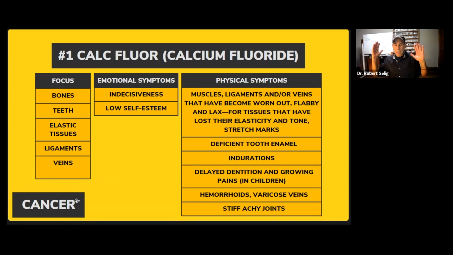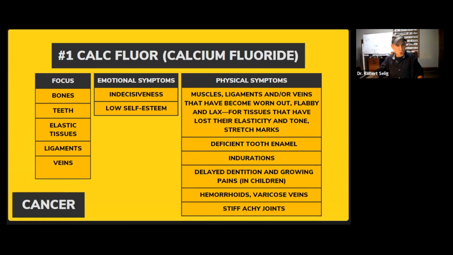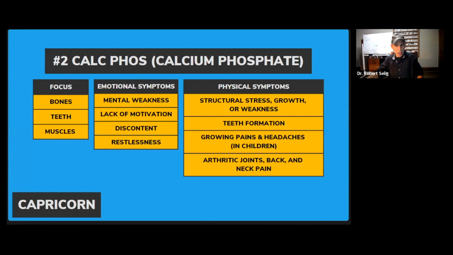But we're just keeping an open mind about how we can use these tissue salts with intelligence and how we can prescribe them to help build up the calcium matrix in the body. All right, so calcium phosphate.